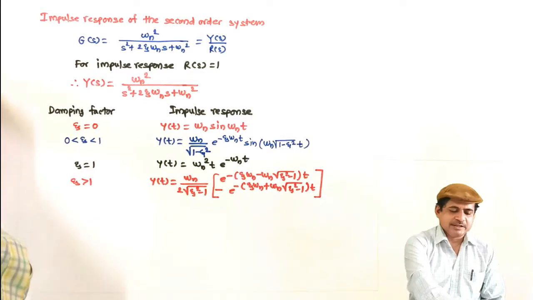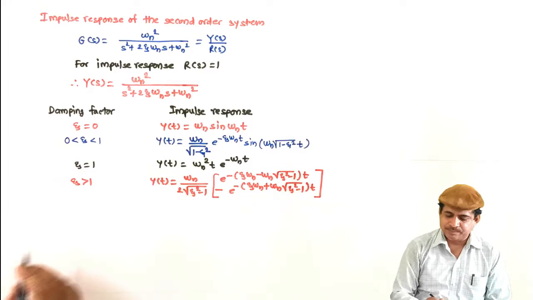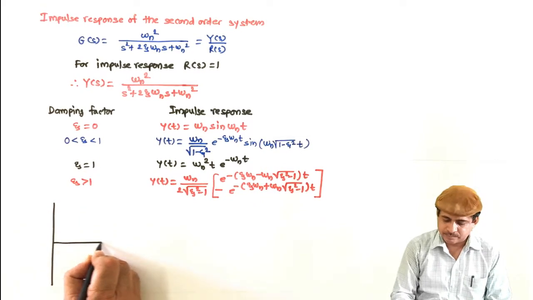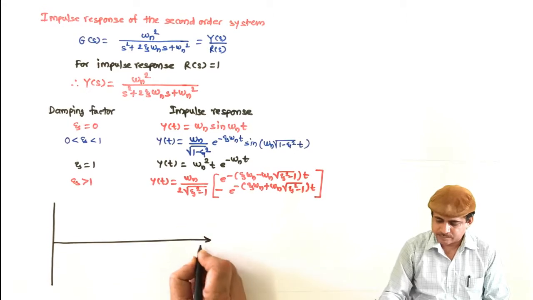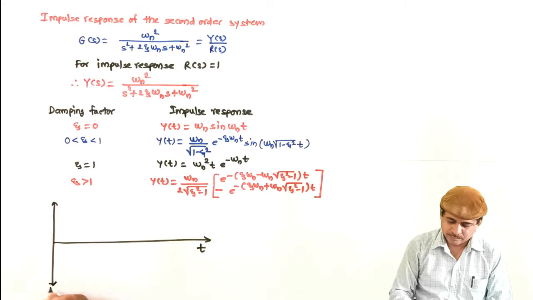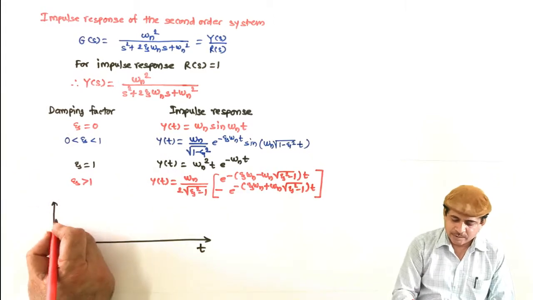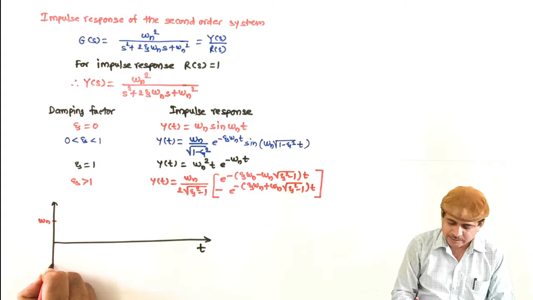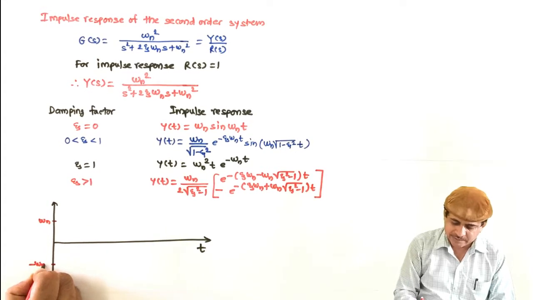So if you want to sketch these responses, the impulse response, you will get it like this. Let here we have omega n, and let this be minus omega n.